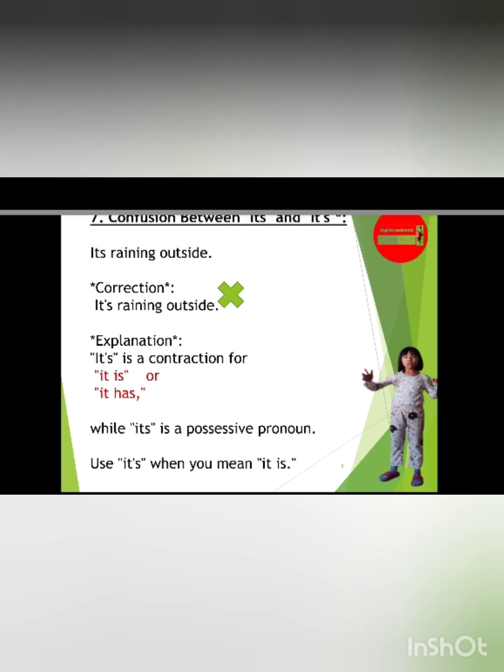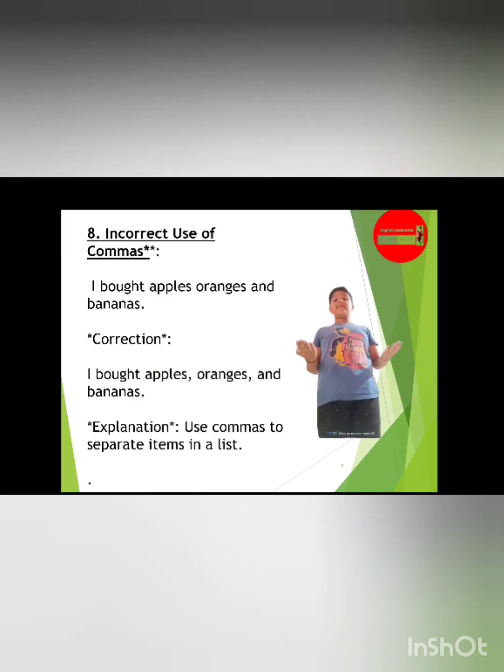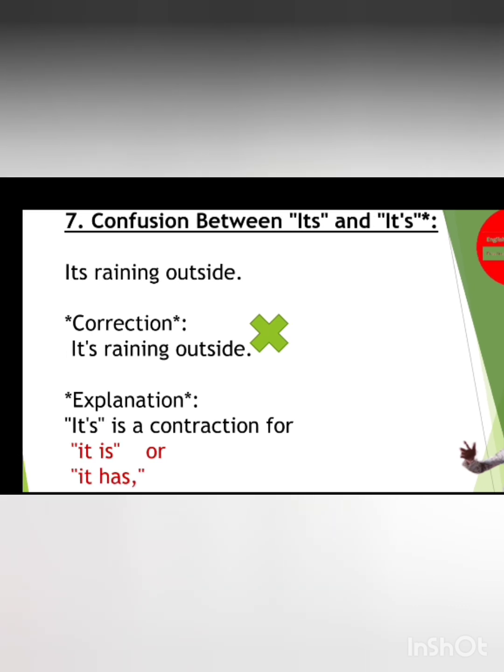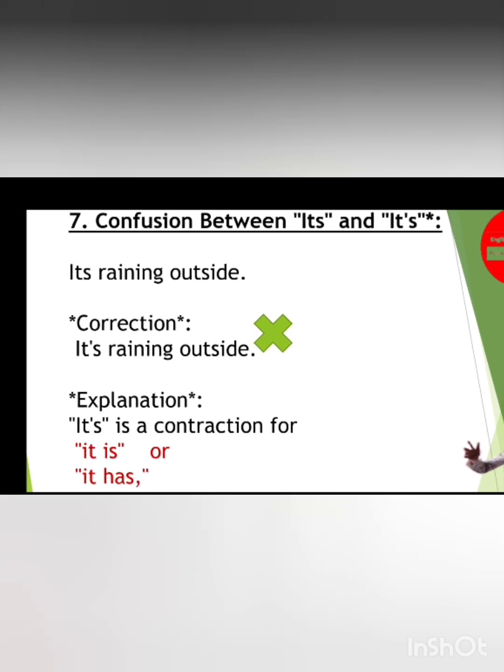Coming to the next one. Confusion between it's and its. It's raining outside. Correction. I-T apostrophe S raining outside is wrong. Explanation. I-T apostrophe S is a contraction for it is or it has.